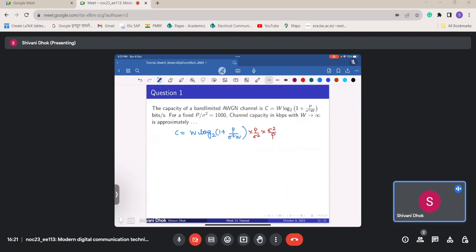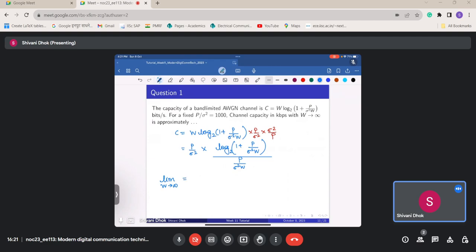Now I'll take this P by sigma square as it is here, multiplied by log of 1 plus P by sigma square W upon P by sigma square W. Okay, now let us take the limit W tends to infinity. This is to the base 2.